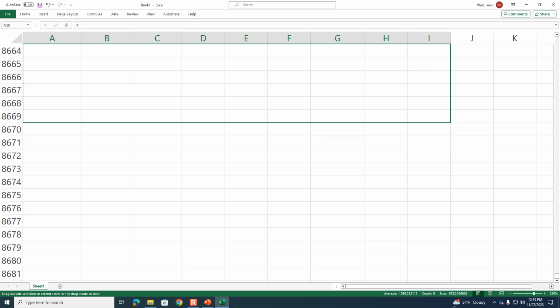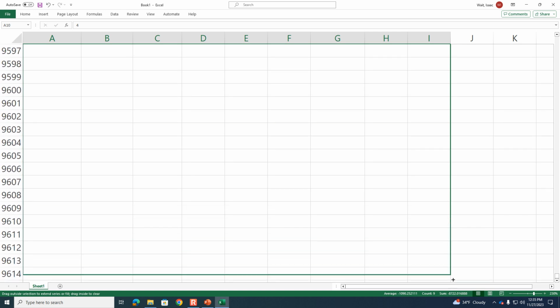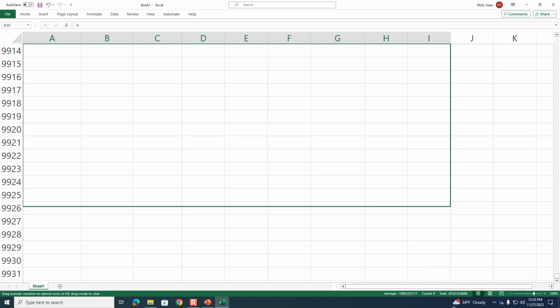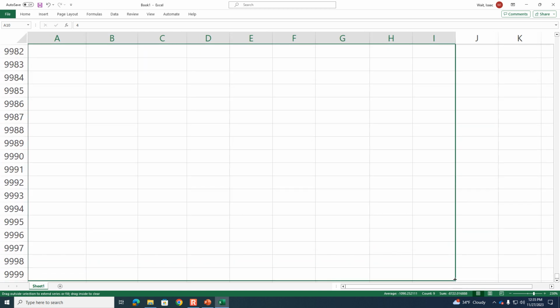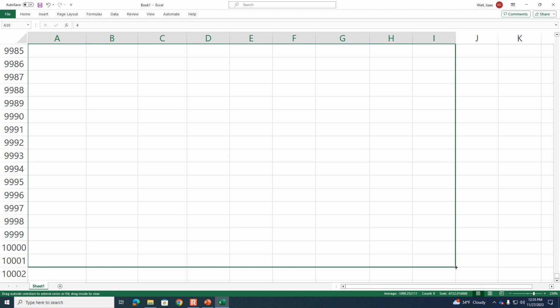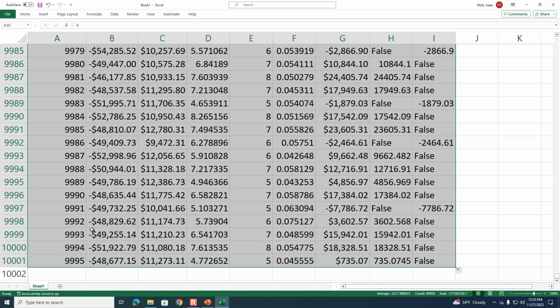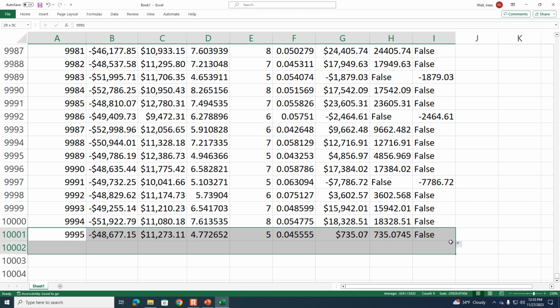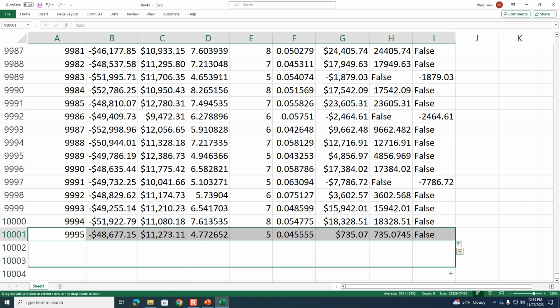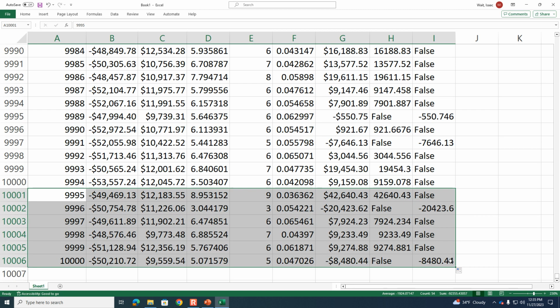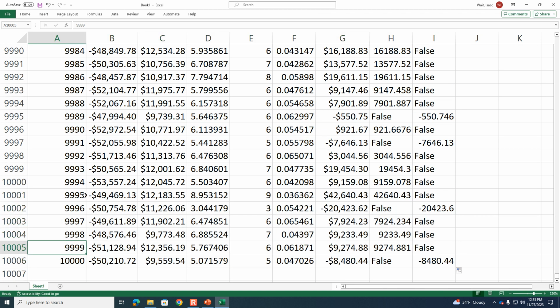Hopefully not overshooting. I'm not sure which row I started on. Need a few more. Luckily, I've got a counter going, so 5 more. Okay, so there's 10,000 simulations.